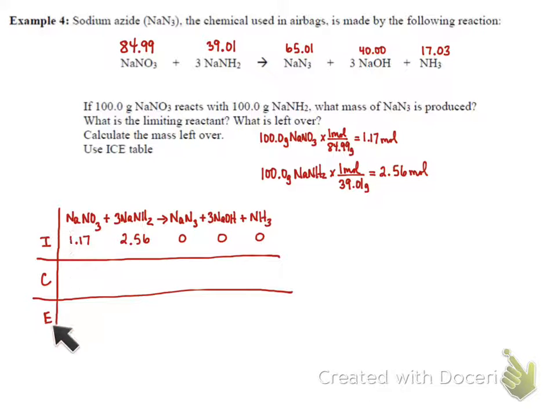ICE down the left-hand side, initial, change, and ending, and then the number of moles across the top. So we start with always 0 moles of product, and then the moles of the reactants that we calculated over here.